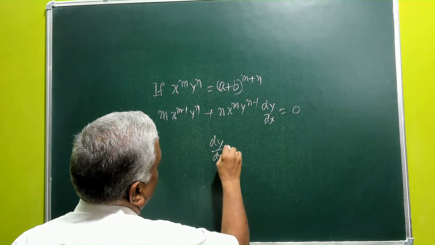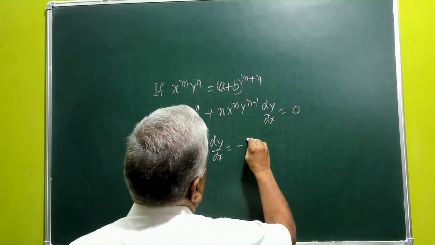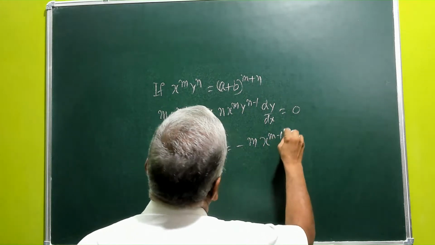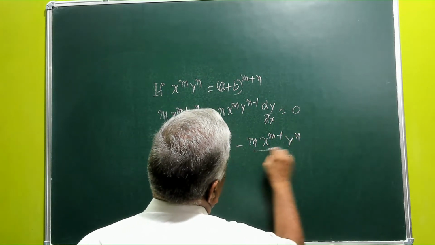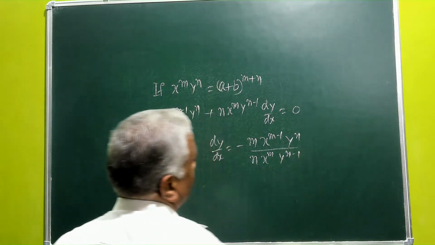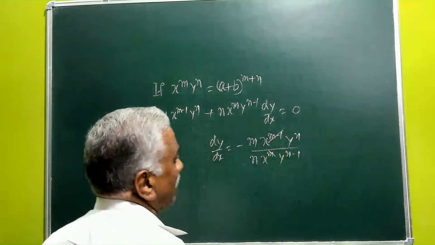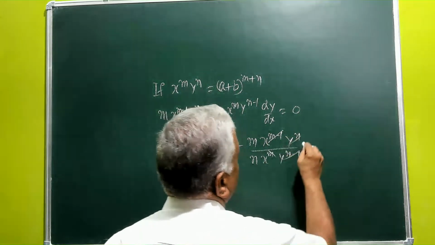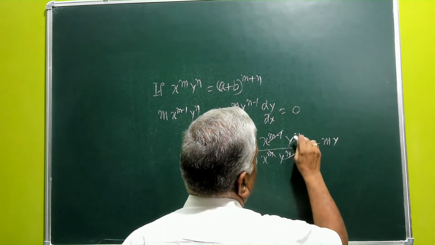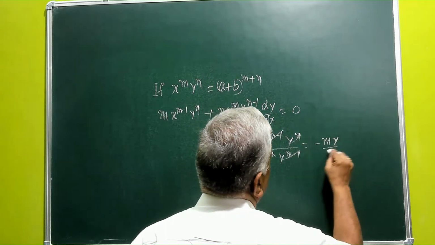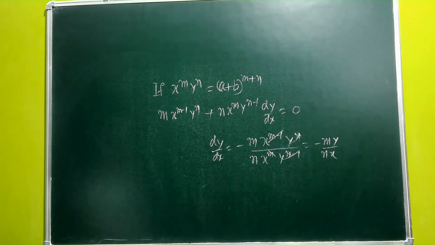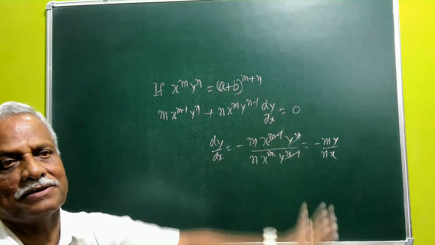Dy by dx is equal to minus of m into x to the power of m minus 1 into y to the power of n divided by n into x to the power of m into y to the power of n minus 1. Here this will cancel, x will remain. Here this will cancel, y will remain. So minus m y, n will cancel, m y by n x. But you should realize it's a constant, therefore it is 0.